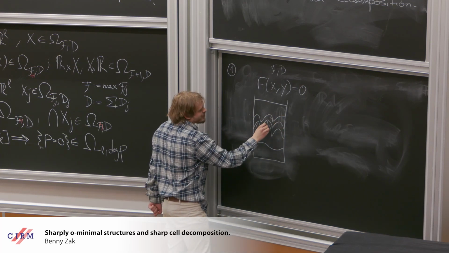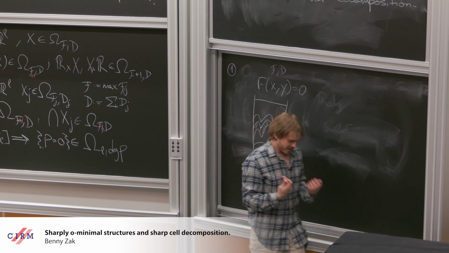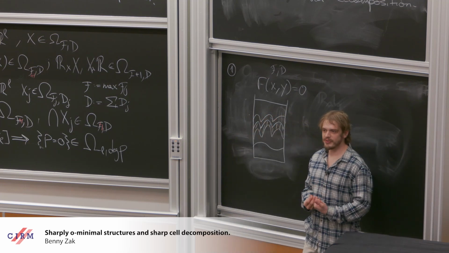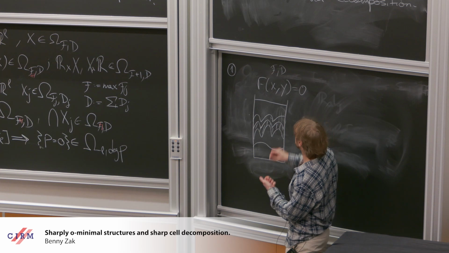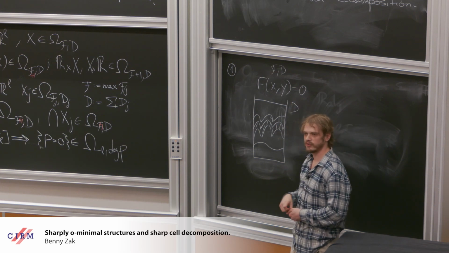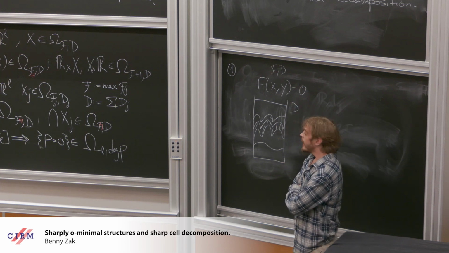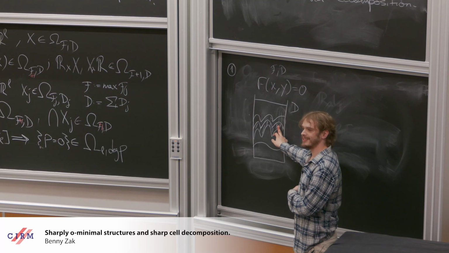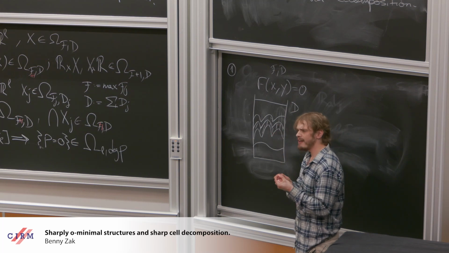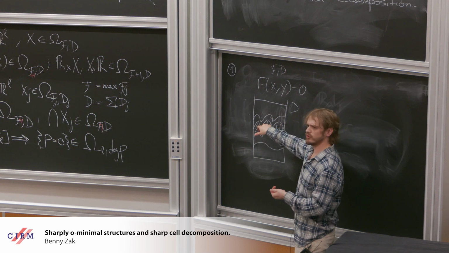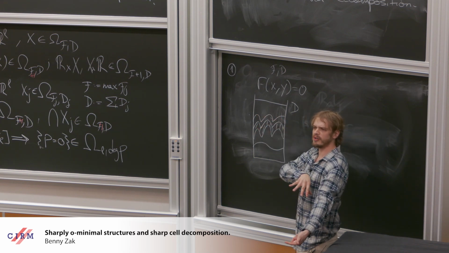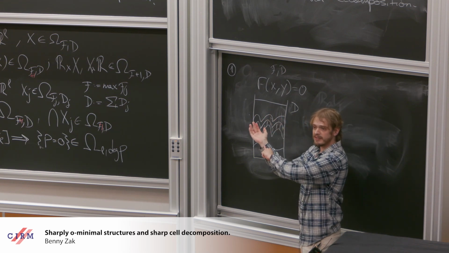So you can already see the cells. But how do you bound their format and degree? There are approximately D cells, right? Because it's an equation of degree D. How would you bound the format and degree of the middle cell? You would have to say something like, this is a root that has D over 2 roots before it and D over 2 roots above it, and so on.